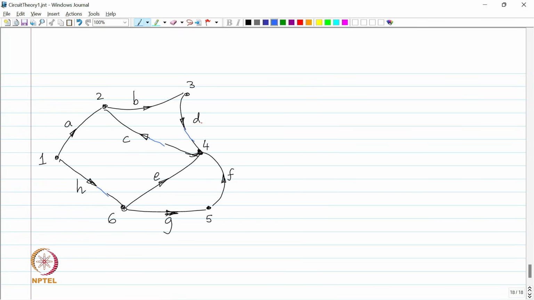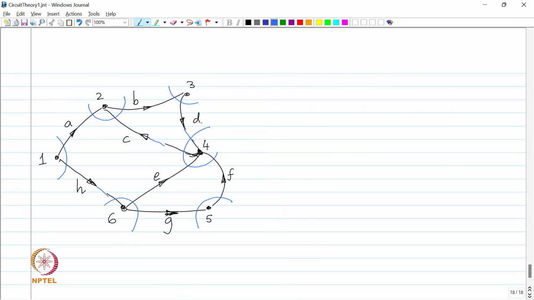So, one possibility is that we look at each and every node and draw a cut set around the node. And these also will give me KCLs. If I just simply draw a cut set around each and every node.